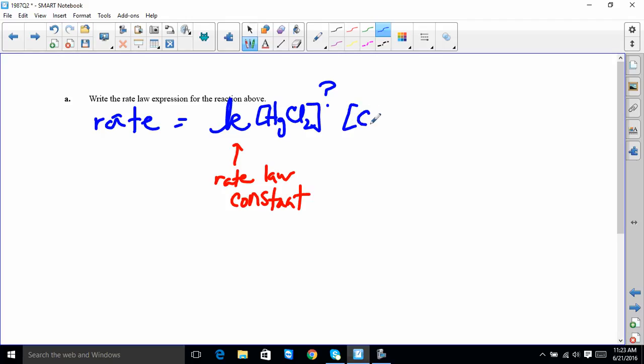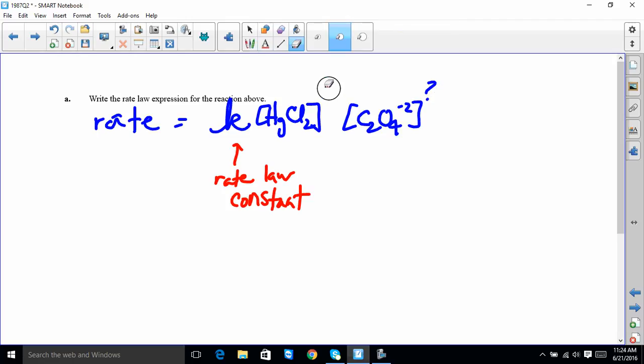And then we have the oxalate ion, and we need to figure out what its order is. Sometimes I grab this eraser, and I change these over to x's and y's, like I'll call the power of this x and the power of that y.